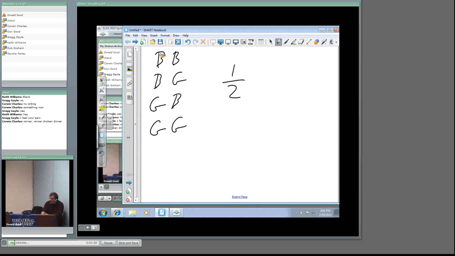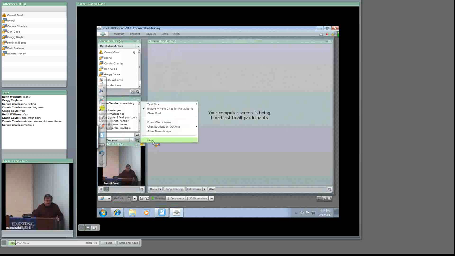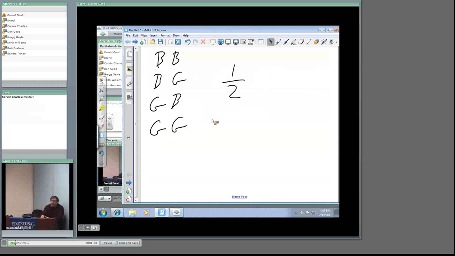And means we multiply. What's the chance of getting a boy the second time? Also 1/2. So the chance of getting 2 boys is 1/2 times 1/2, or the same 1/4 we got a minute ago.